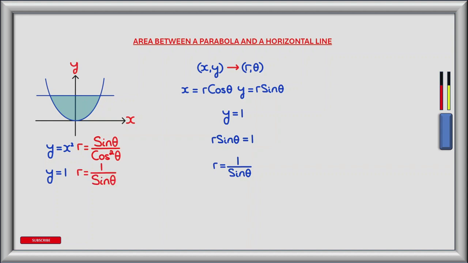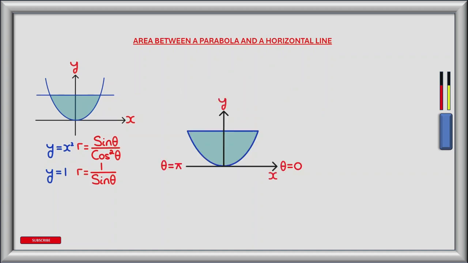Now that we've made the conversion from Cartesian to polar coordinates, let's look at the behaviour of the radial distance r as we use it to compute the region shown in blue. As r rotates in a counterclockwise direction from theta equals 0 to theta equals pi, theta being the angle r makes with the x-axis, the radial distance from the origin is determined by the parabola.